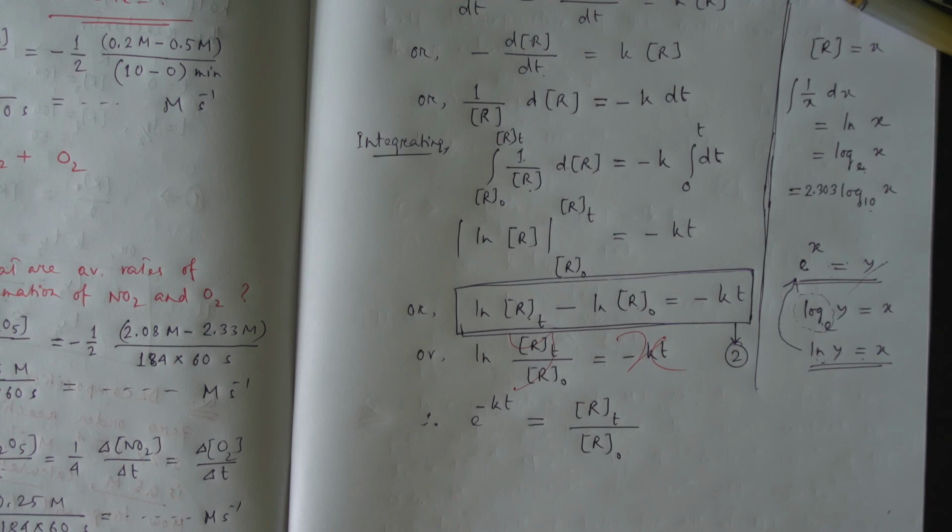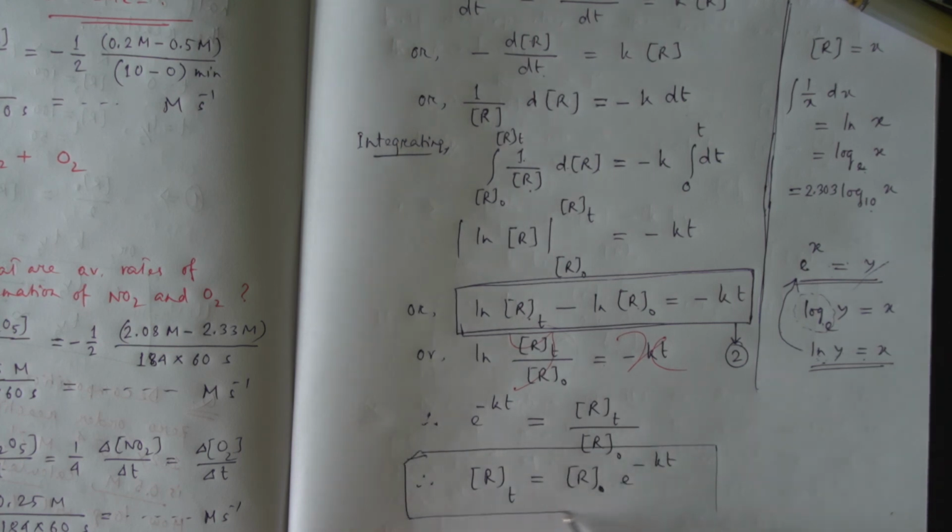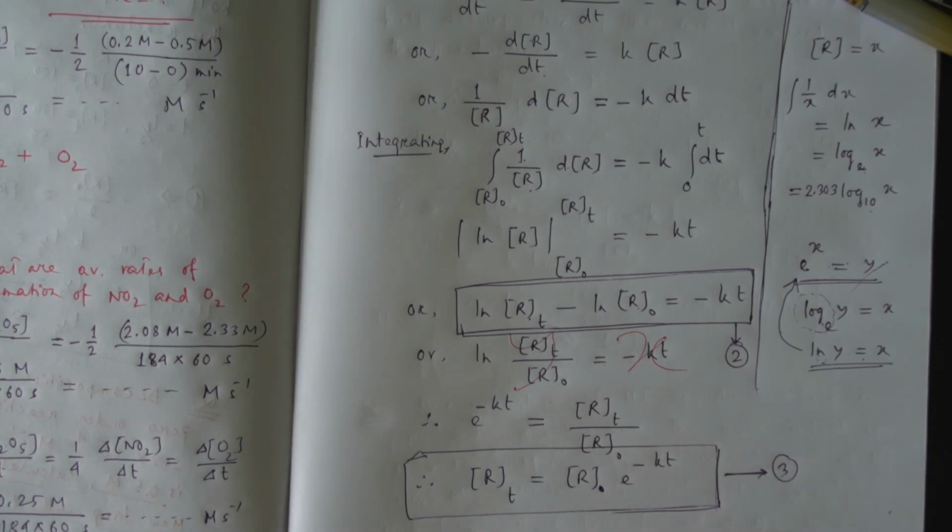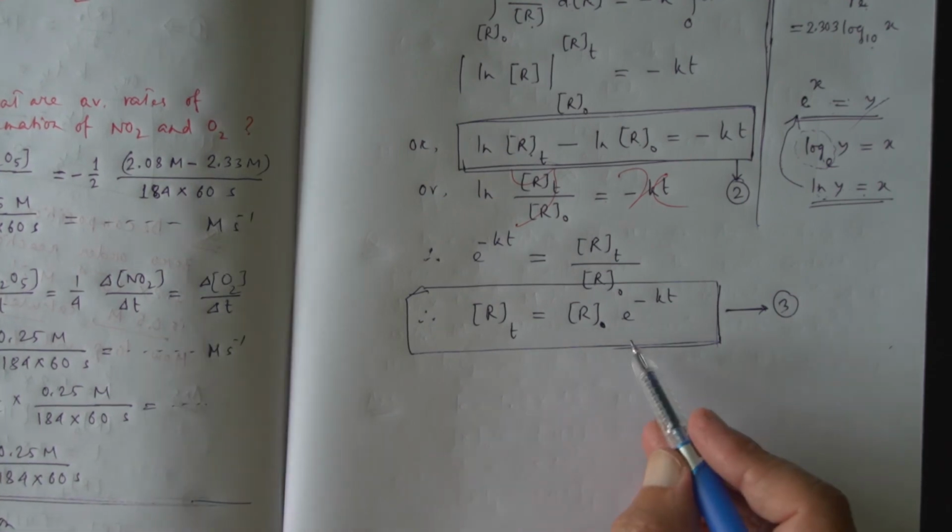Okay, so we are getting this: rt equal to r naught e to the power minus kt. So we are getting another expression. This is equation 3.